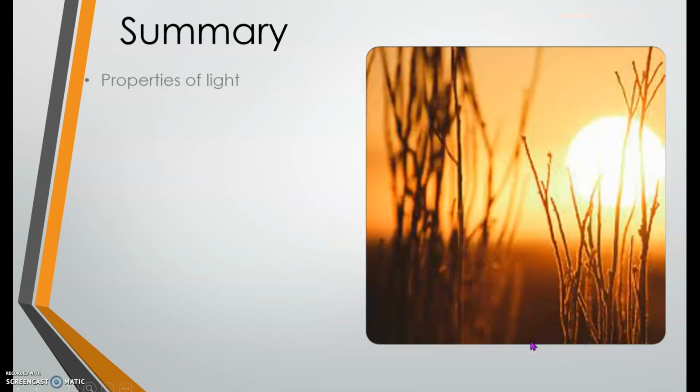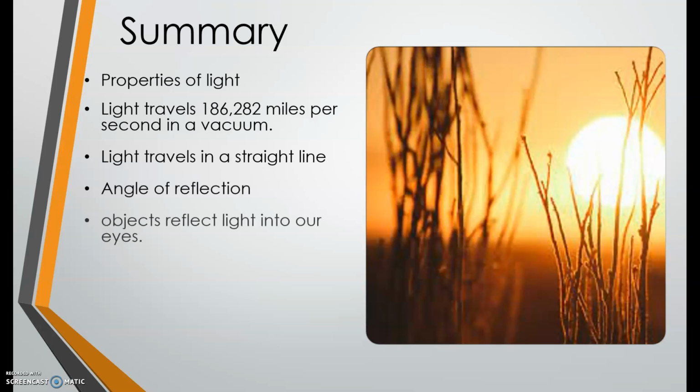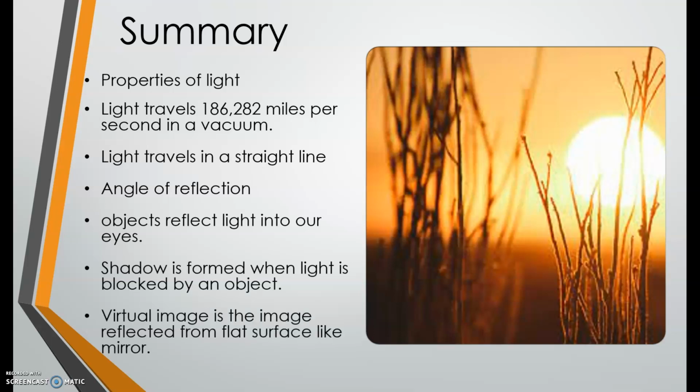So what we review today is the properties of light. We learned how fast the light travels at 186,282 miles per second in a vacuum. We also know that the light travels in a straight line. We talked about the angle of reflection, that the reflected ray and the incident ray have an equal angle.